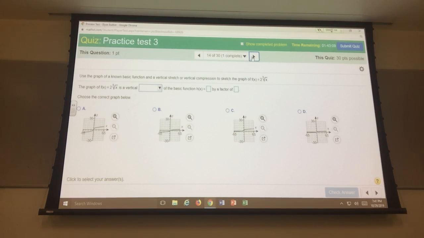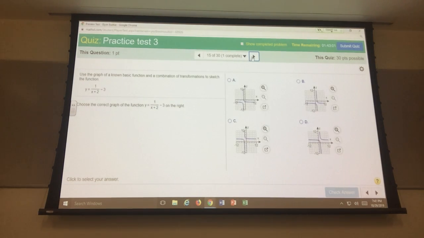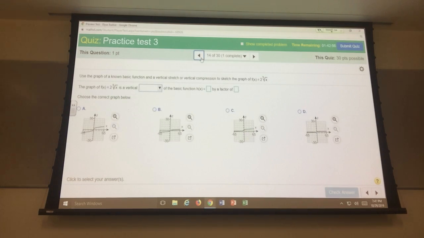What about this one? Is that a vertical shift? Compression. What is the thing? If the coefficient is greater than one, it stretches. Oh, not shift, I meant stretch with the S. Yes.